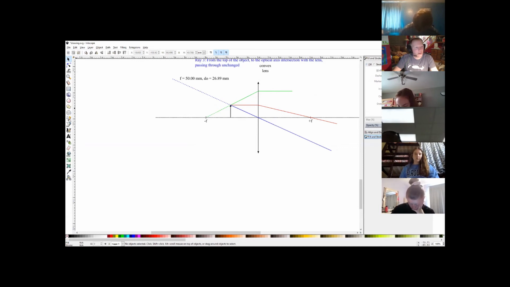The green one will go straight to the left from this point. And the red one will go straight back from this point, following the line.